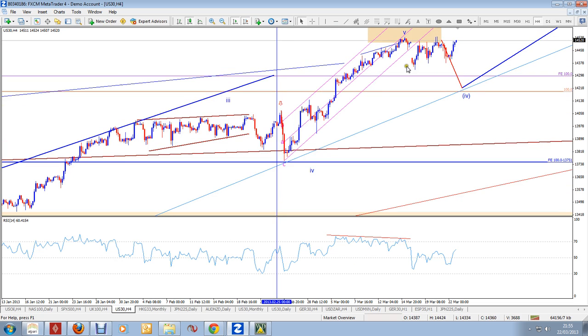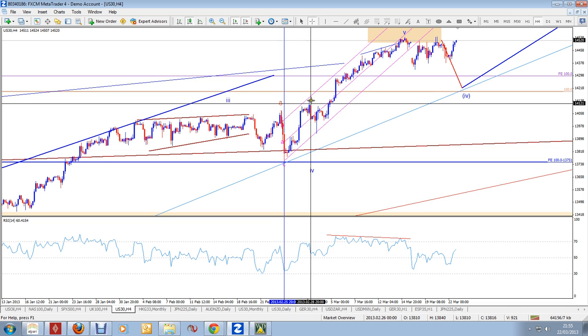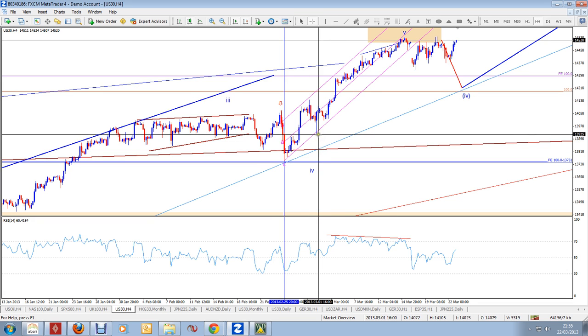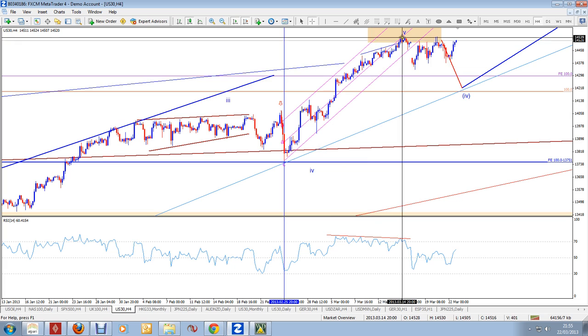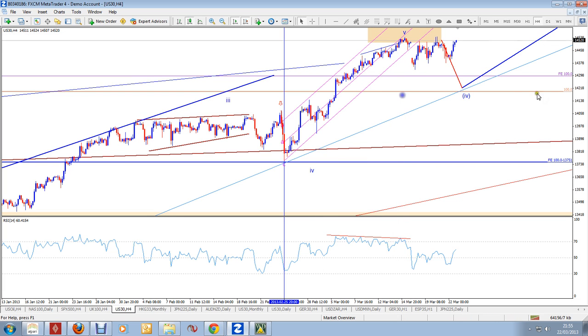Okay, so from here what appears to be the case is that we've got possibly minor 1, minor 2, then maybe right up till here is probably part of wave 3, I think, and then this one has moved sideways, and this 4 that I put in is also going to move sideways.